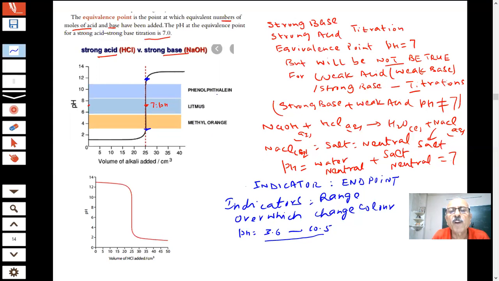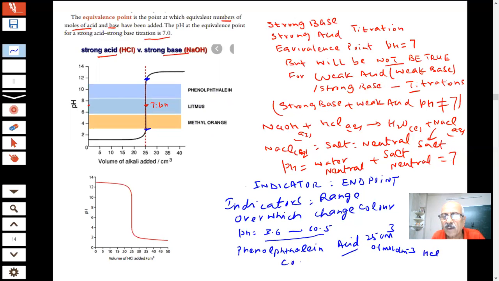So phenolphthalein can be used as a good indicator, because what will happen? Phenolphthalein will change its color. What will be the color of phenolphthalein in the acid? If you add phenolphthalein in acid, you have taken 25 centimeter cube of 0.1 mole decimeter cube of HCl, it will be colorless.